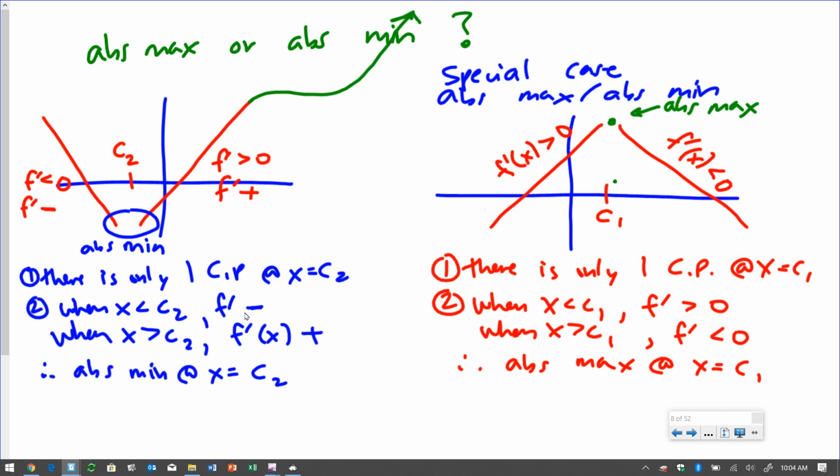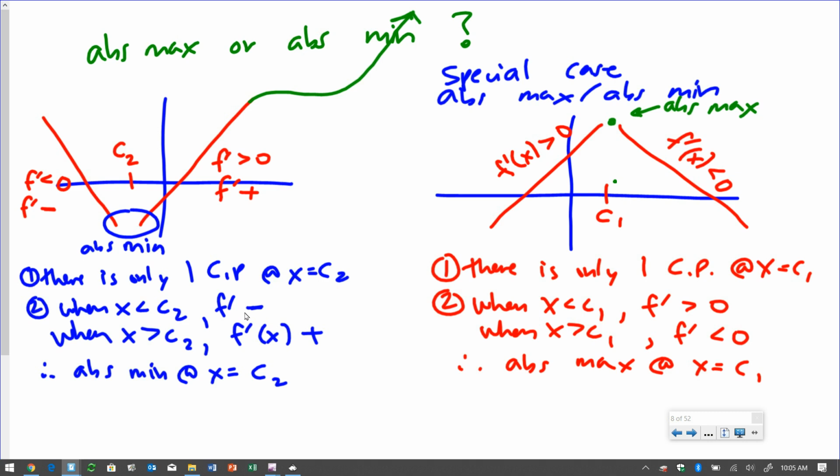Truthfully, just as long as to the left, this slope is always negative, and to the right, this slope is always positive or equal to 0, then this is still the absolute min. So you could write that as your justification too. To the left of C2, the slope is always negative. To the right of C2, the slope is always either positive or equal to 0. Therefore, this is the absolute min.